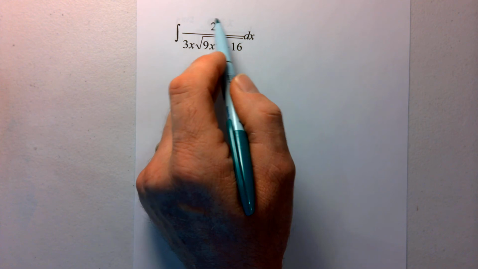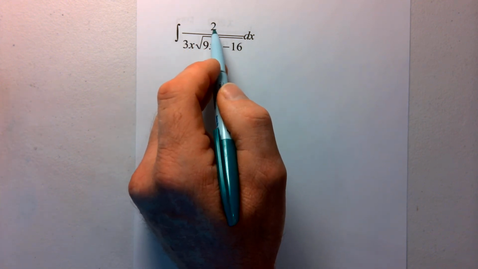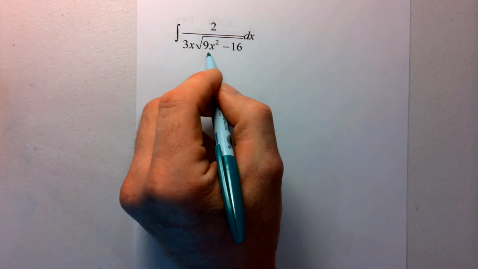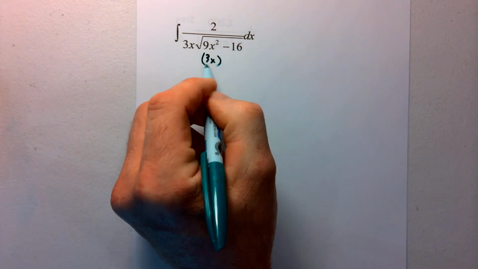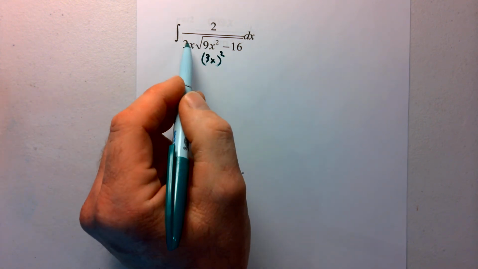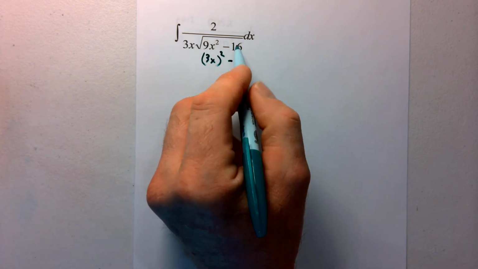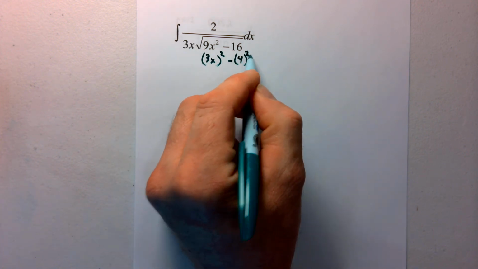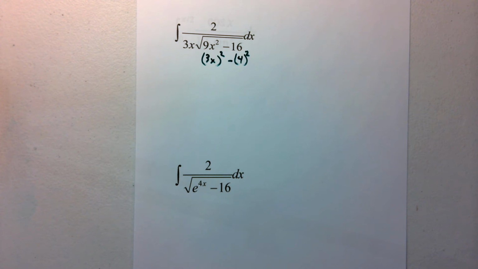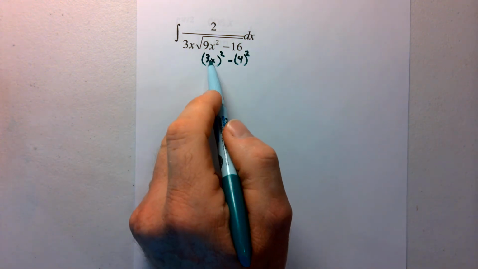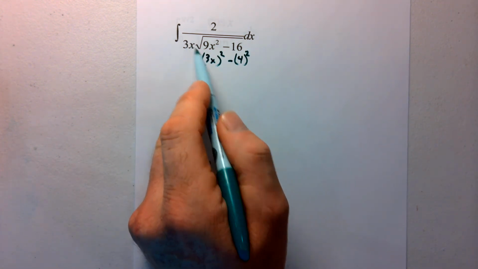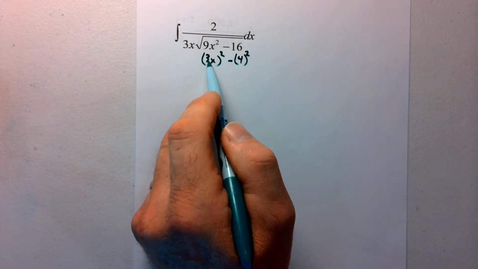So we have no variables on the top, which is good. They're gone. So if I think about 9x squared, I think in terms of squareds, that's 3x squared, isn't it? Yes, and I have that 3x there as well, don't I? And then minus my 16, which is my 4 squared. But remember, this has to be a single variable, and this has to be a single variable out here. So we're not quite there yet.